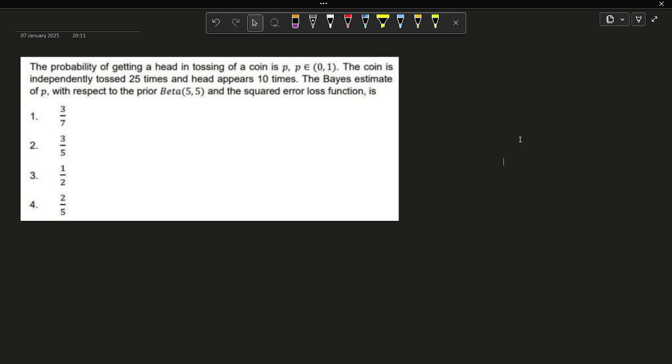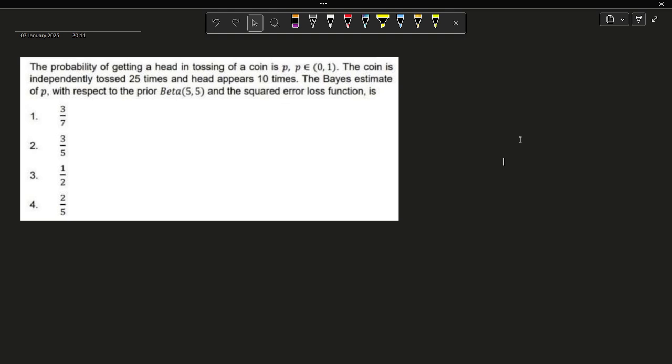Now we are tasked to solve the given problem. We use the formula for the Bayes estimate under the squared error loss function. The posterior distribution of P is determined by combining the prior Beta(5, 5) with the likelihood based on the observed data.